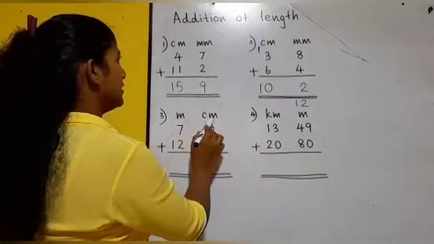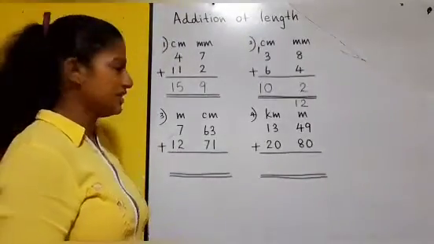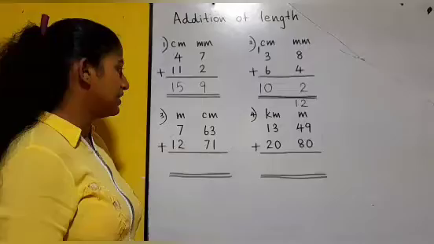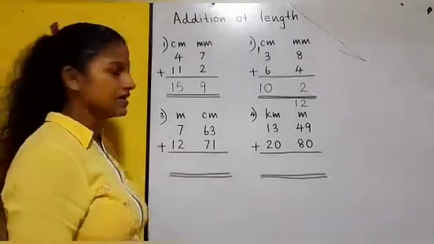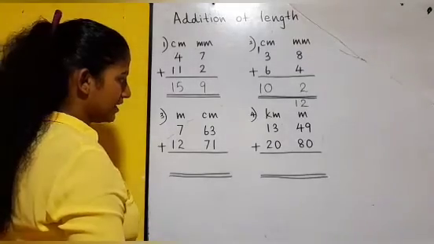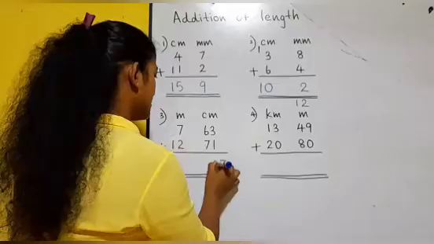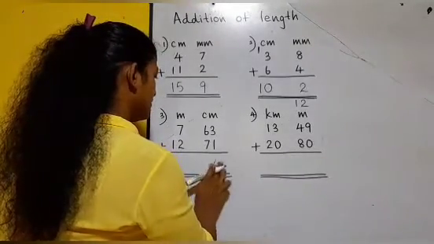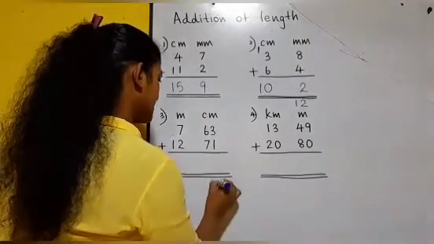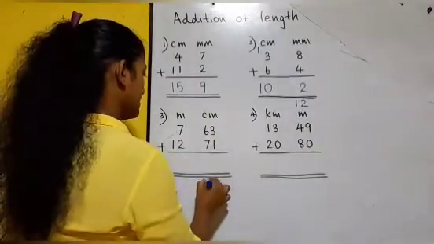meters and centimeters. The relationship between meters and centimeters is 1 meter equals 100 centimeters. So the maximum amount you can keep in the centimeter side is 99. 3 plus 1 is 4. We'll write it here first. Then 70 plus 60 is 130.